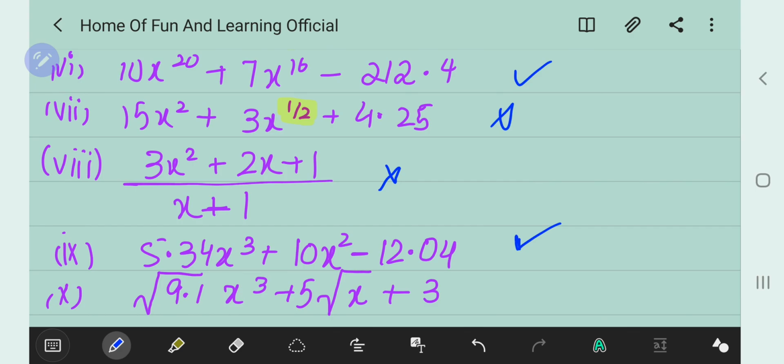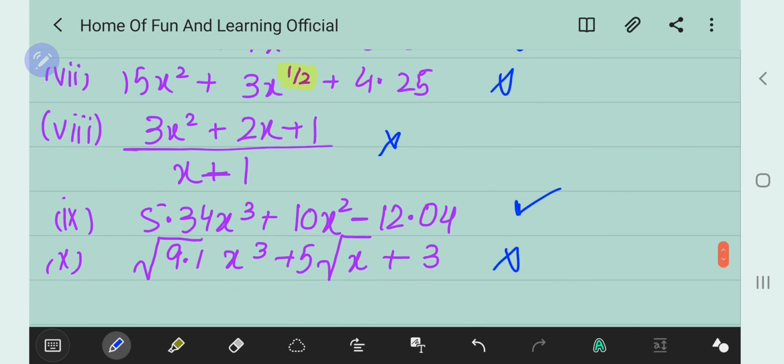This is not a polynomial, because although we have this radical applying only to 9.1, this one is being applied to x, which is a variable, so that is not a polynomial.